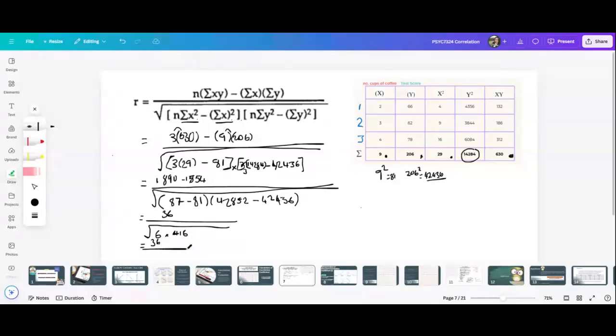Okay, 36 over. Now we need to complete what is inside here. So we've got 416 times 6, which gives us 2496.